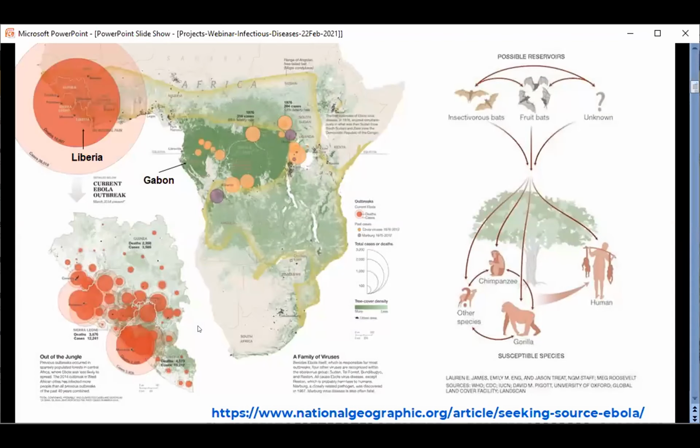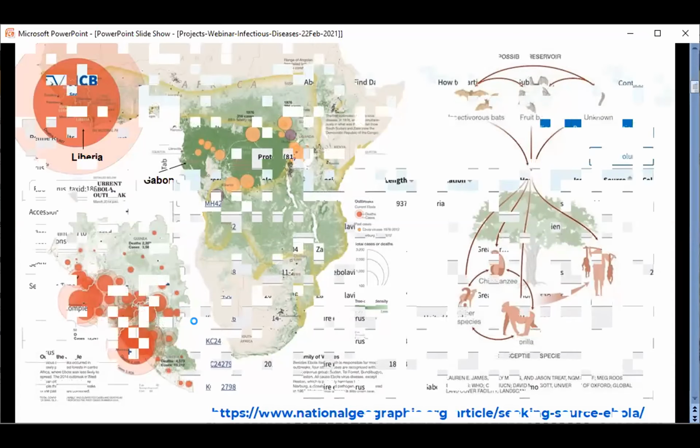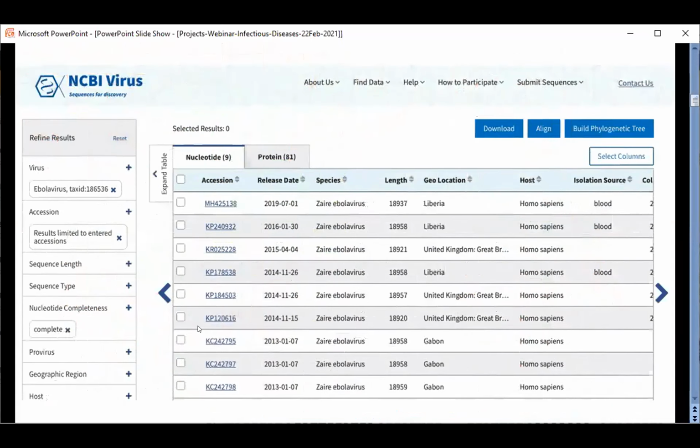So the 2014 to 2016 outbreak of Ebola in West Africa happened across different regions. Next generation sequencing can be used on a large scale to track the development of this epidemic. So here we used genome sequence data from the Ebola virus strains to perform MSA and phylogenetic analysis.